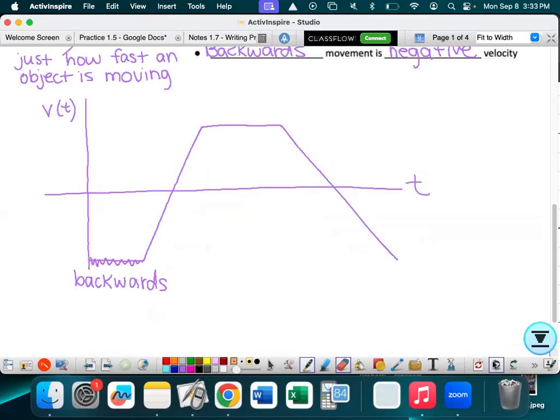I'm going a constant speed, so I'm not speeding up or slowing down.